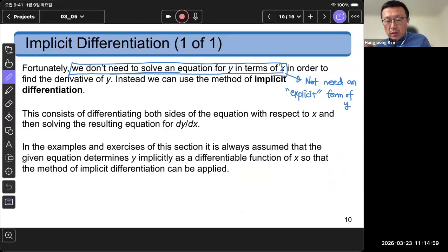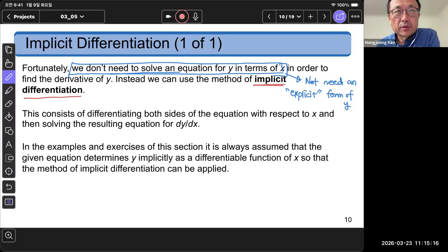So if I have an implicit relation, and you want to find the dy dx, you can consider implicit differentiation.